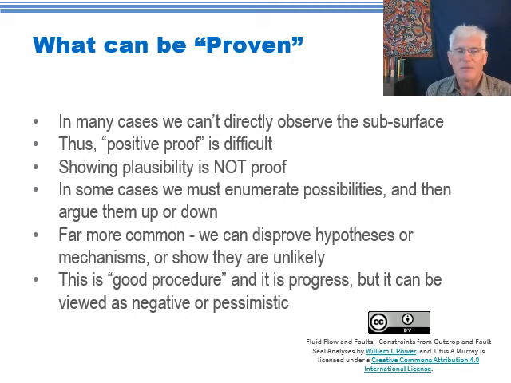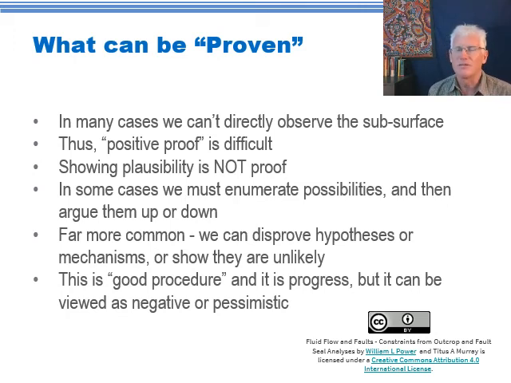And then for me anyway, the key thing I want to say is showing plausibility is not proof. So if you say, well, I think it looks reasonable that this fault, say in an oil and gas prospect, was reactivated due to some kind of seismicity, and then it leaked, and you show that that's geologically reasonable or maybe tectonically reasonable, that doesn't prove that that mechanism actually operated.